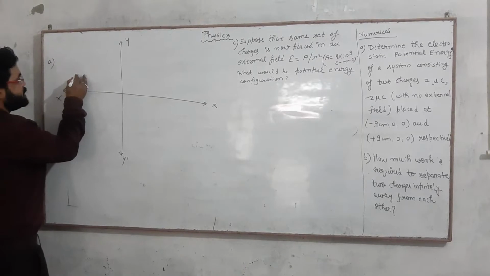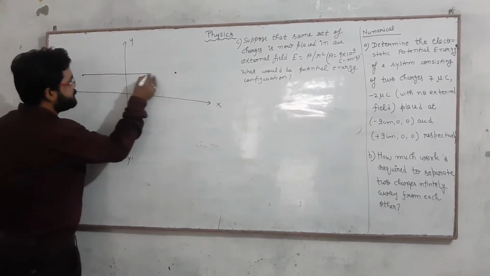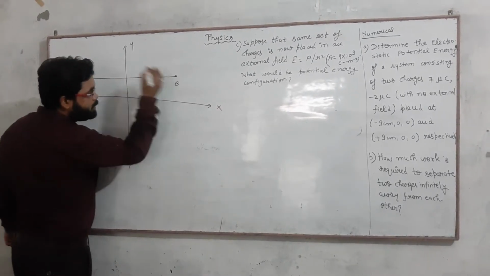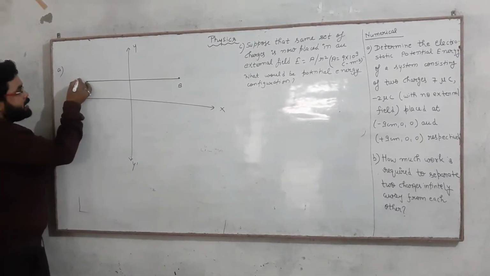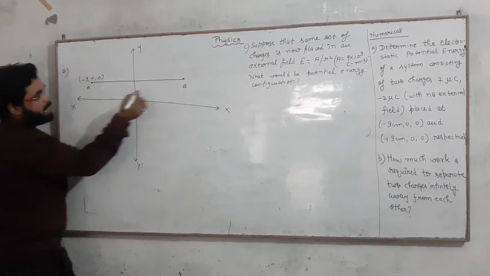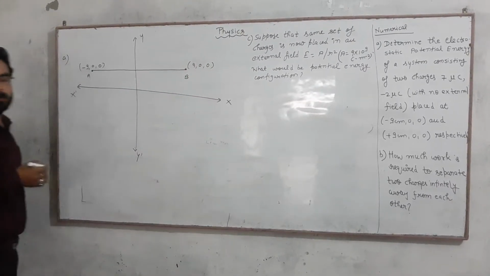This is the direction basically. This is point B. This is, let's suppose, minus 9 comma 0 comma 0, and this is plus 9 comma 0 comma 0.